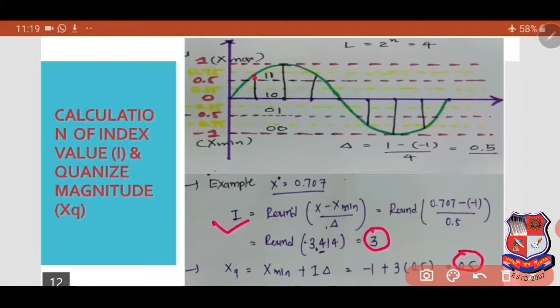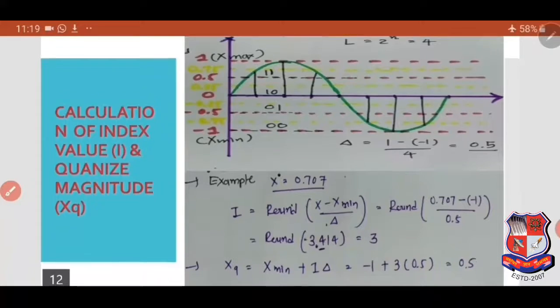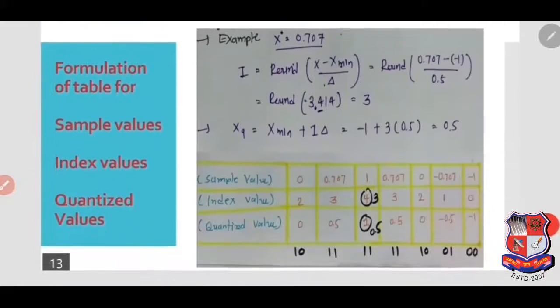So we repeat those two equations for each and every sample. After finishing this procedure we can formulate the table like this.